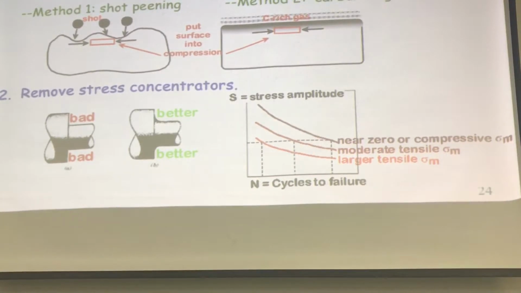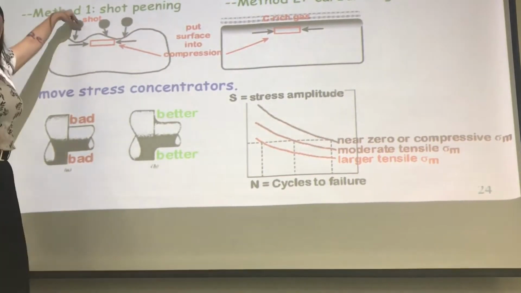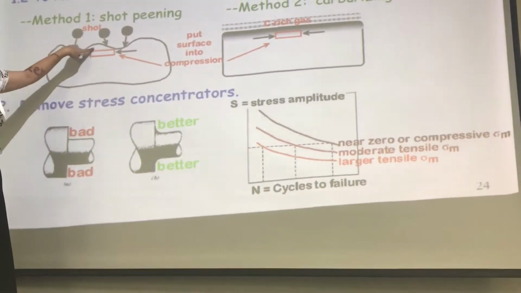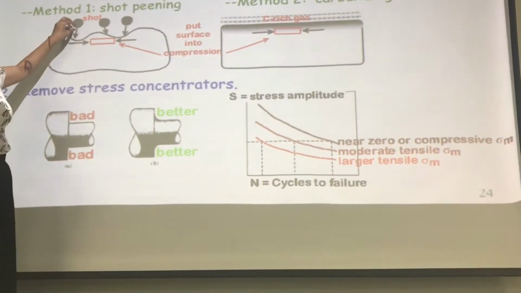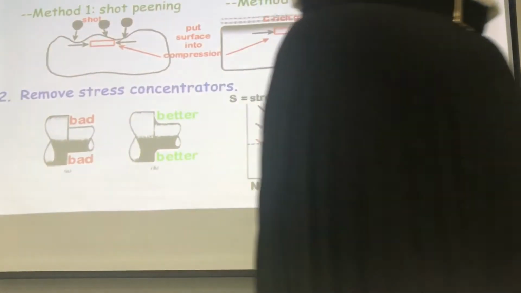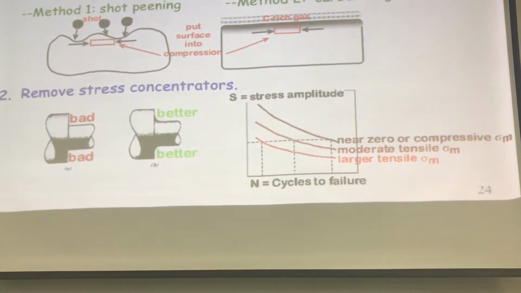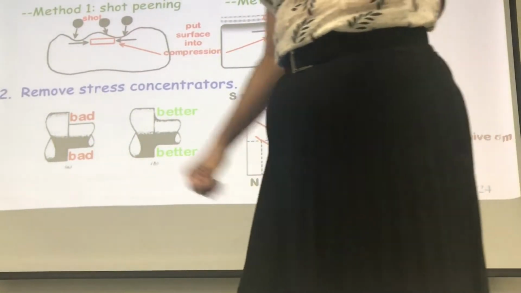So the way to do it is like that: you shoot something at the surface, and then the surface will have compressive stress. Sometimes we use small particles, such as small particles of sand, so that's why we call it sand blasting.